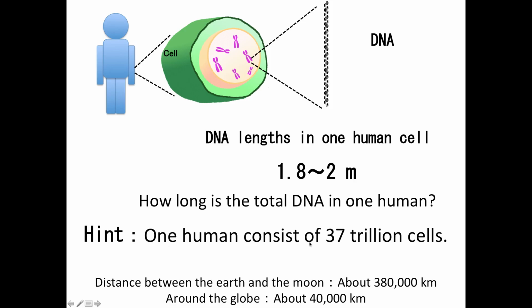One human consists of 33 trillion cells. And please compare the DNA length in one human and the distance between the Earth and the Moon. It's about 380,000 kilometers. And in the case of around the globe, it's about 40,000 kilometers. Please compare each distance and the DNA length in one human.